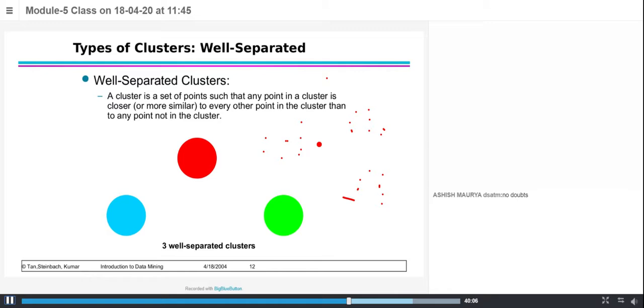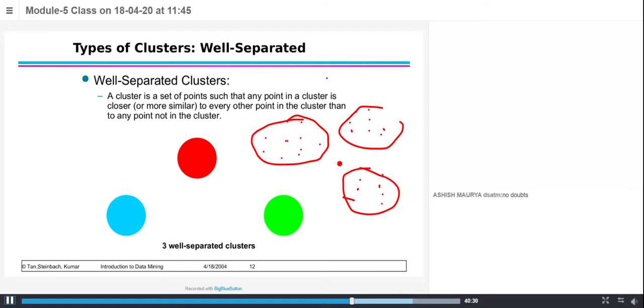So we say these are the points which are closer to each other. If you analyze, these points are close to each other, and those points are close to each other, but there is a gap, the distance is too far between these two groups. If you group like this, if you create a cluster like this, then we say it's a well separated cluster.